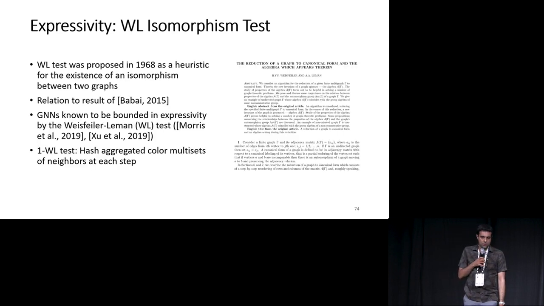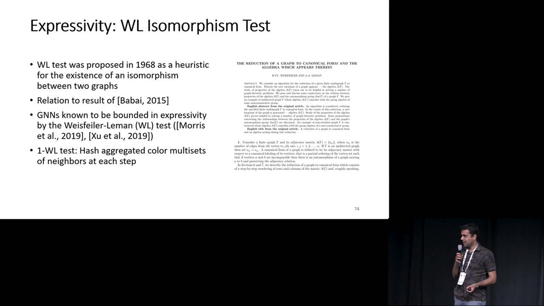Typically, the lens through which this is analyzed is the Weisfeiler-Lehman isomorphism test. Just to give you some history, this is an algorithm that tries to determine whether two graphs are isomorphic. It was introduced in the 1960s as a candidate algorithm. We now know that graph isomorphism is a pretty hard problem, so this doesn't quite work.